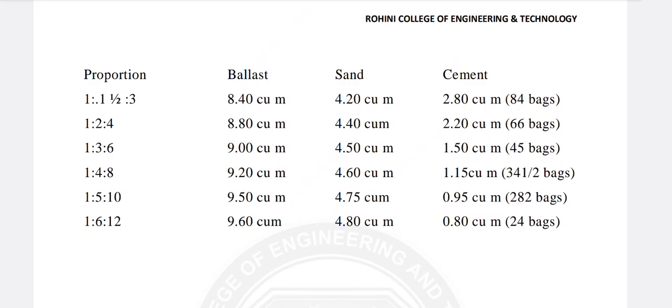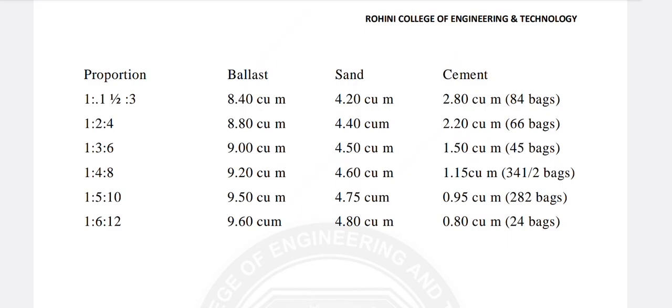Cement concrete: for determining the quantity of materials for 10 cubic meter of concrete, divide 15.2 by the sum of the total numbers of the proportion of the materials, which gives the quantity of cement in cubic meter.